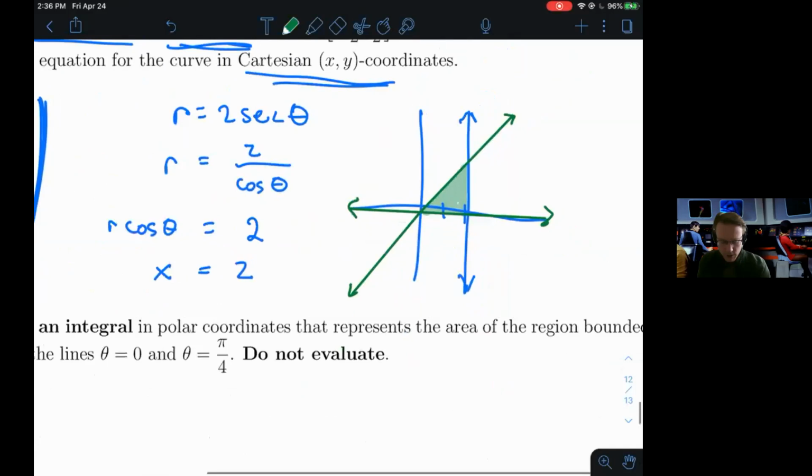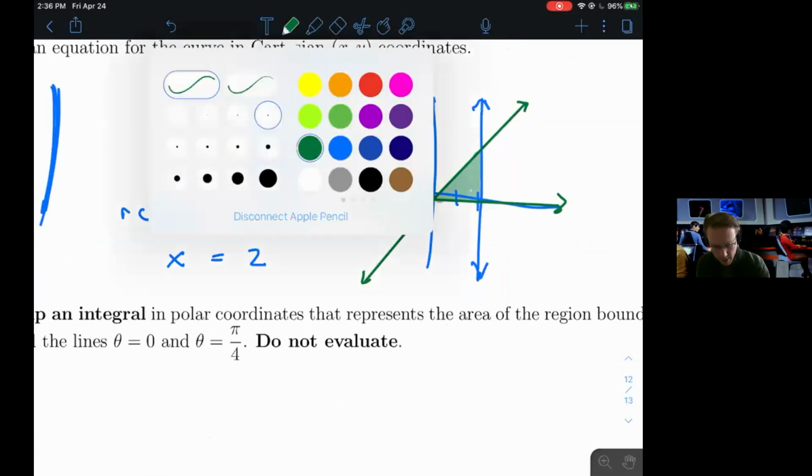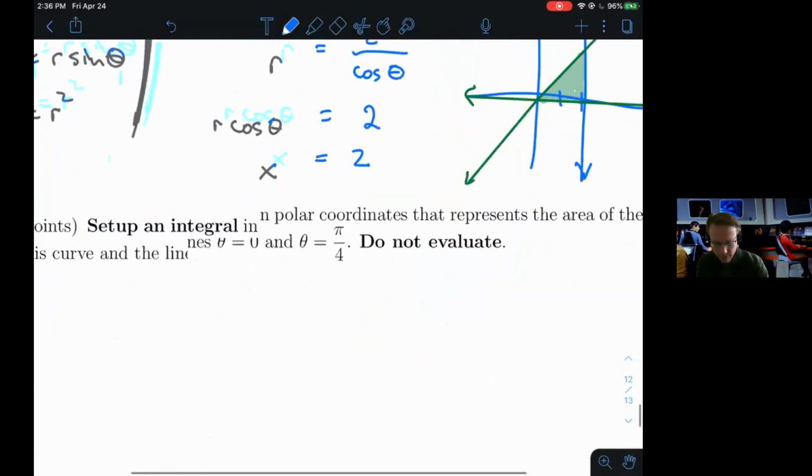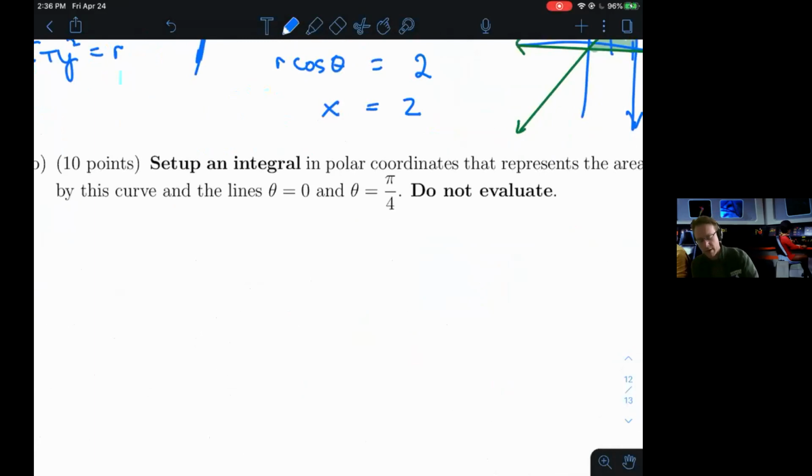And so we want to set up an integral in polar coordinates. Well, in polar coordinates, the area formula goes something like the integral from alpha to beta of 1/2 r squared d theta.